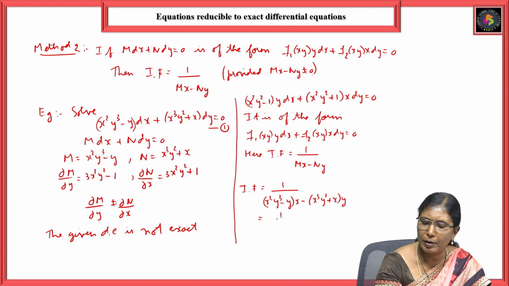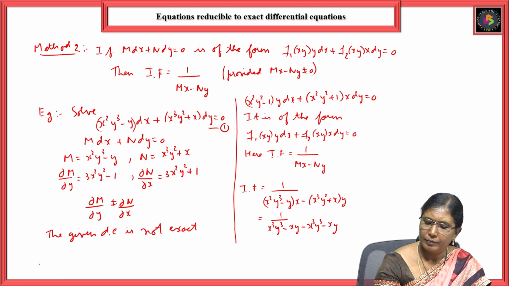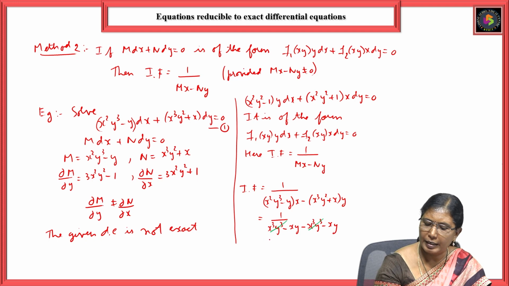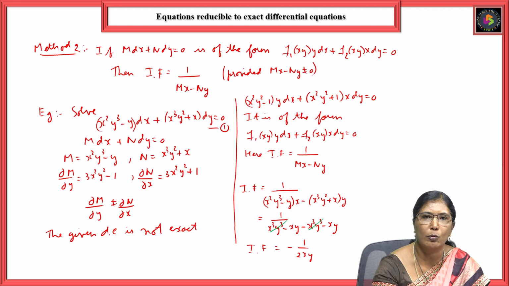So what do you get? 1 by x^3y^3 - xy - x^3y^3 - xy. Here x^3y^3 and x^3y^3 get cancelled. So you can take the integrating factor as minus 1 by 2xy. This integrating factor you should multiply to equation 1.